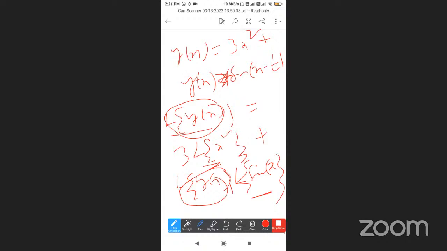So what is the Laplace transform of sin x? The formula is applied for sin of x minus t. Clearly, the left hand side is the Laplace transform y bar of s.